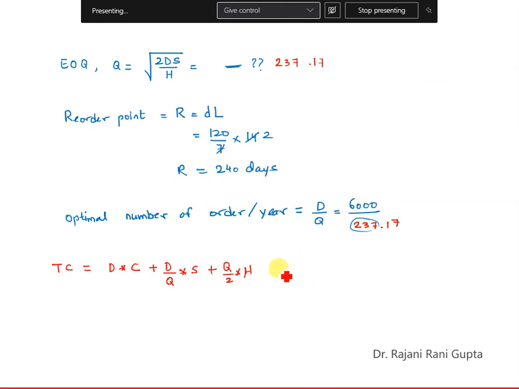As I already said, Q should come out to be 237.17. R is already given as 240. The optimal number of orders you can calculate in this way. Now when you calculate TC by substituting all these values, it will come out to be 7,227.6846. Okay, so this is how it is solved.